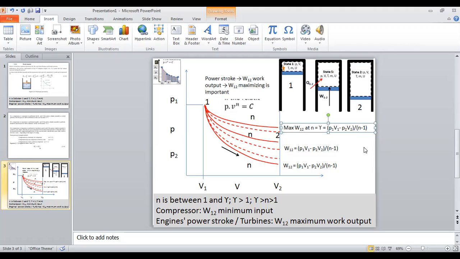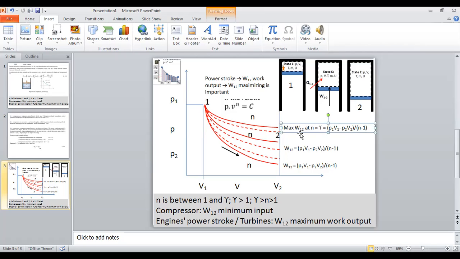N equals gamma means the biggest n value. N is between gamma and 1. The biggest n means the biggest n minus 1. Sorry, I have to check this again. Anyway, this is n equals gamma.